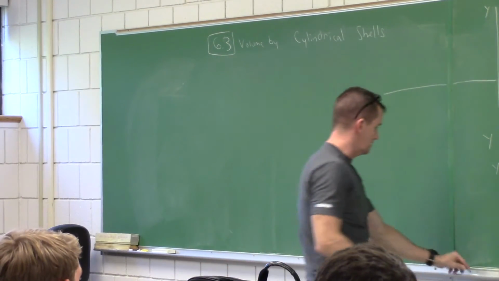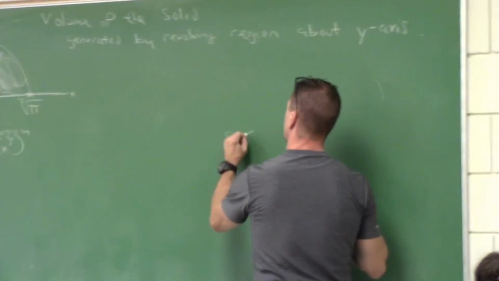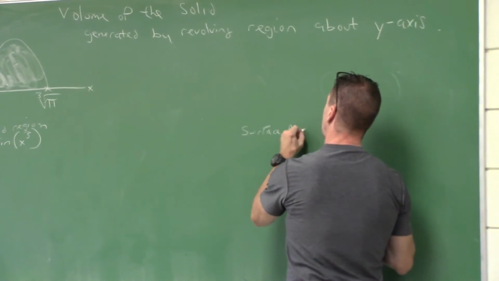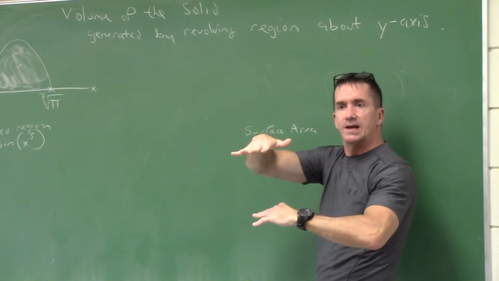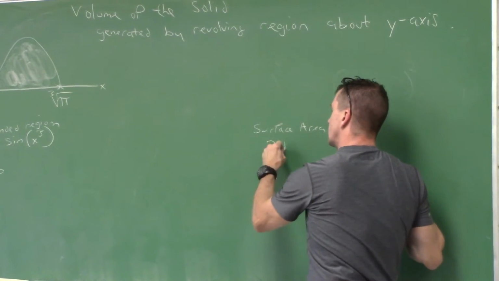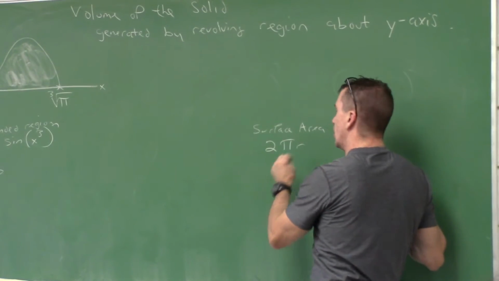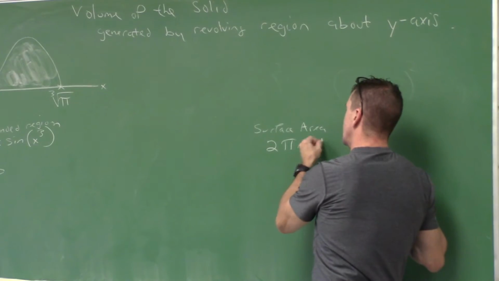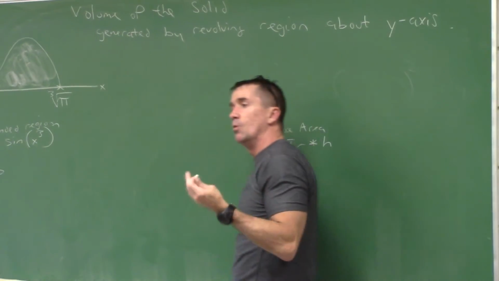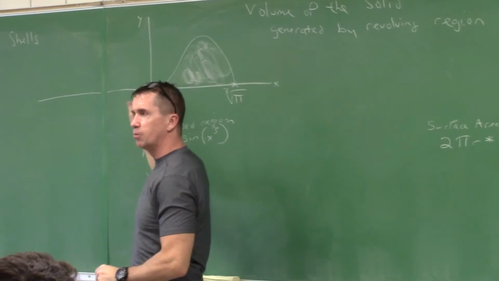Let me write that down over here. I'm not talking about the top or bottom if we put lids, just the lateral portion, which would be 2 times pi times r, that circumference, times the height.